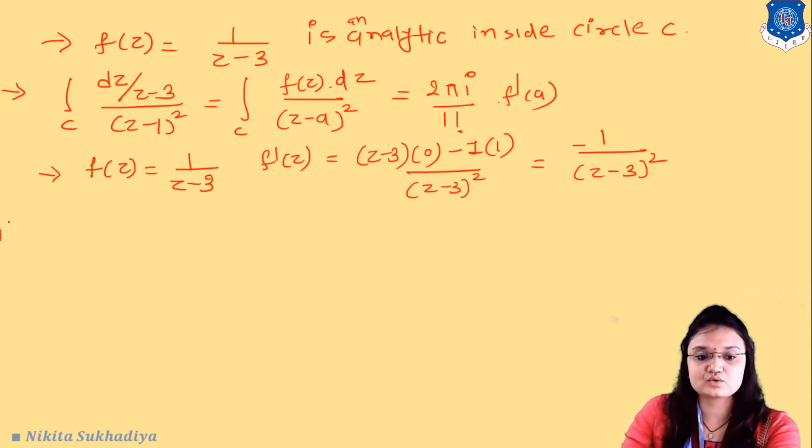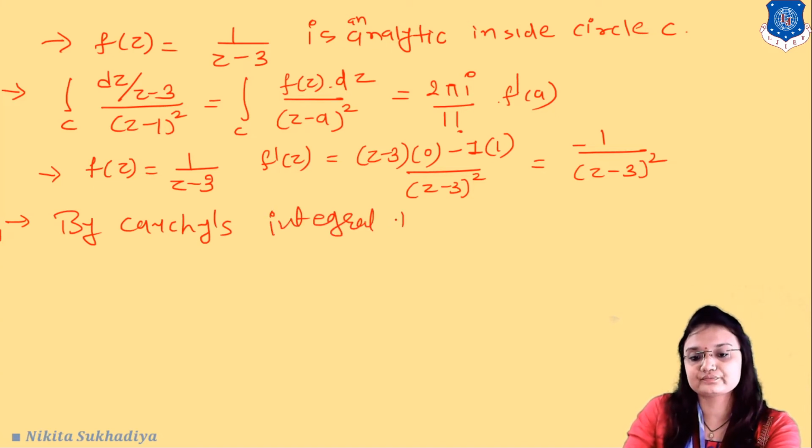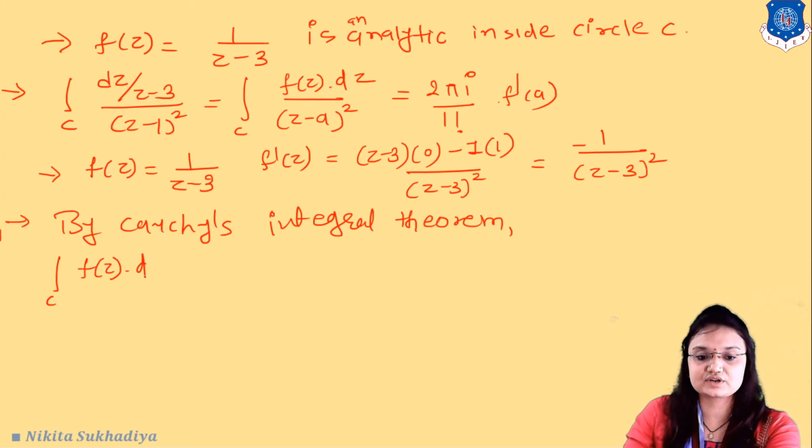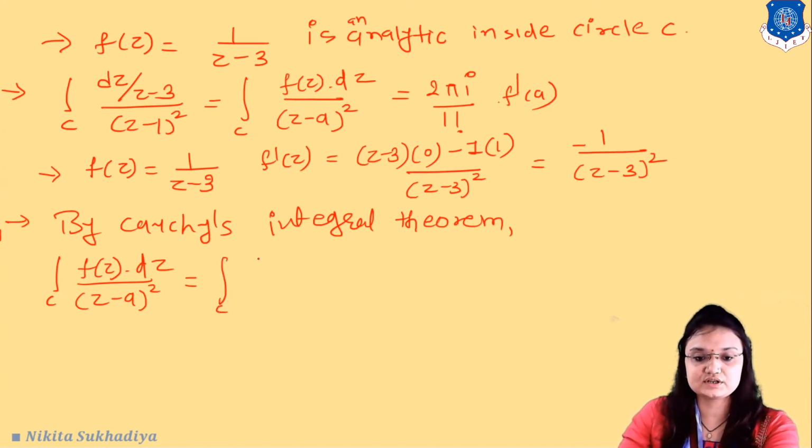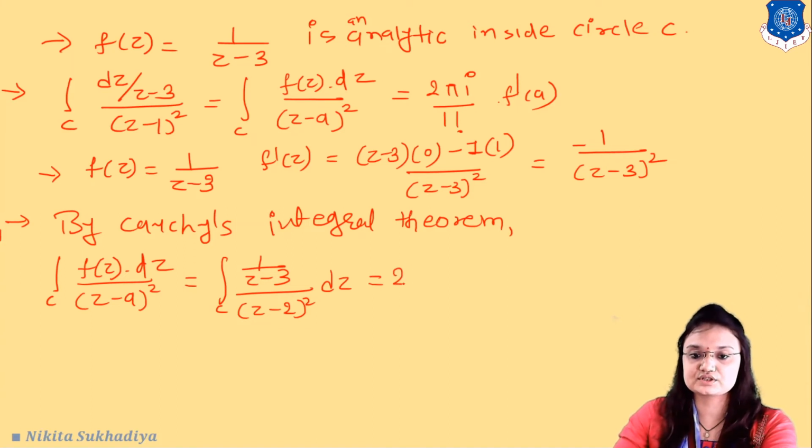So now by Cauchy's integral theorem, we have integration over C of our function f(z) dz upon (z minus a) raised to whole square, where the point is inside the circle. We can use this formula: 2 pi i f dash of a.